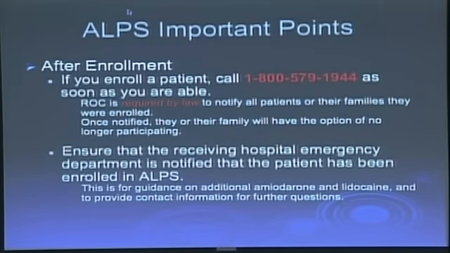Call this number. It's written on the kits. Call as soon as you're able to say that we've enrolled the patient, because the ROC agency has to notify the patients they were enrolled, and let them know that they have the option of being in or being out of the study.